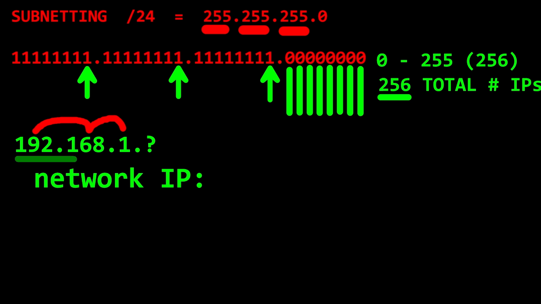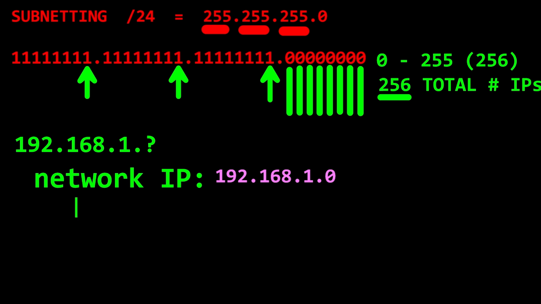For this network, the identity is always going to start with 192.168.1 because the 255s in the subnet mask are keeping it from changing. So our network IP address is 192.168.1.0, the lowest one.